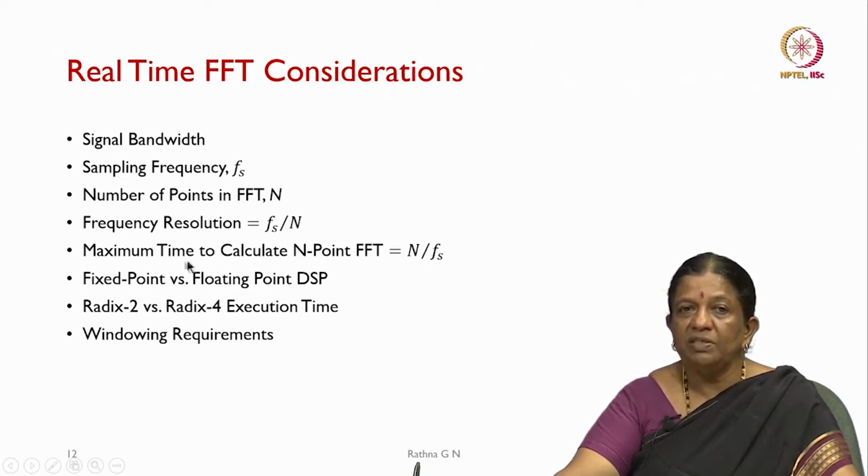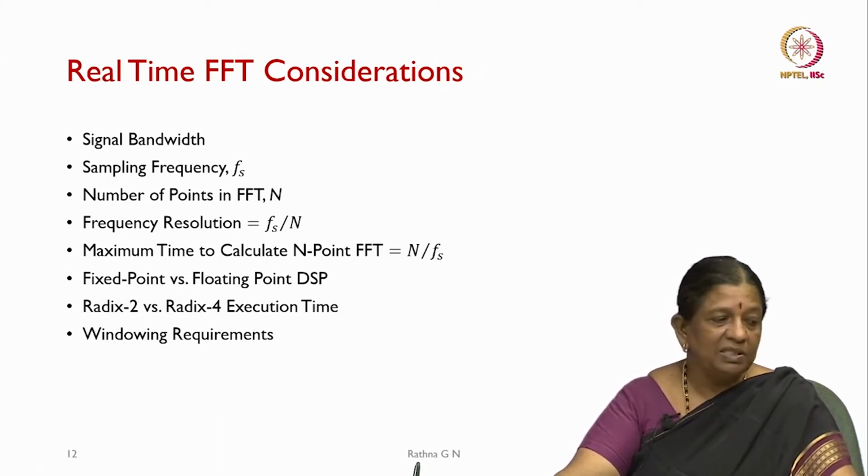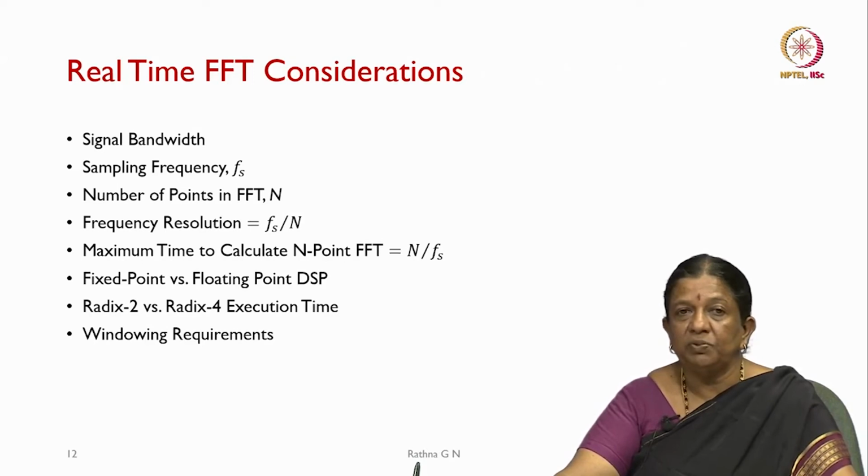Then whether we want fixed point versus floating point DSP. In the lab we have done a floating point implementation. To do a fixed point implementation, we may have to consider block floating point. And then whether we want a radix 2 FFT or a radix 4 FFT.